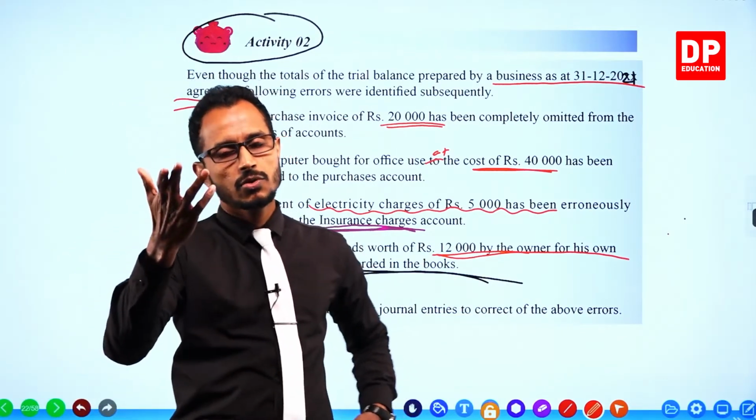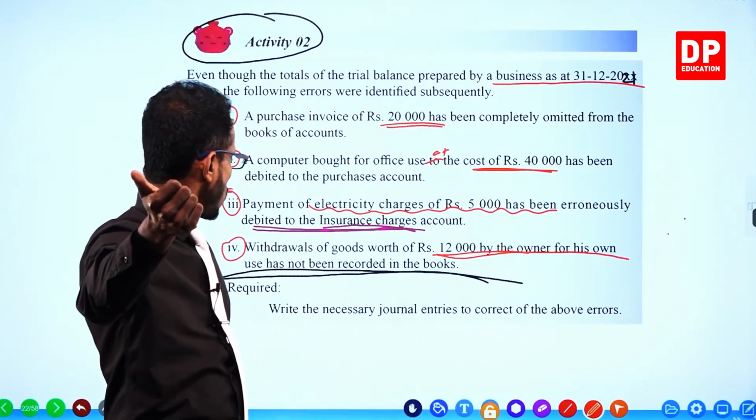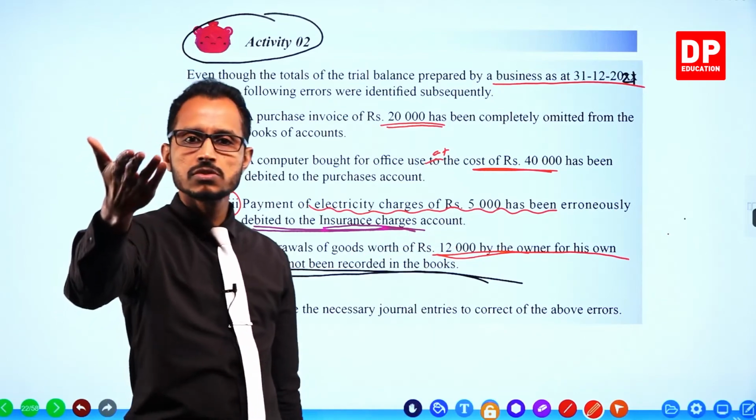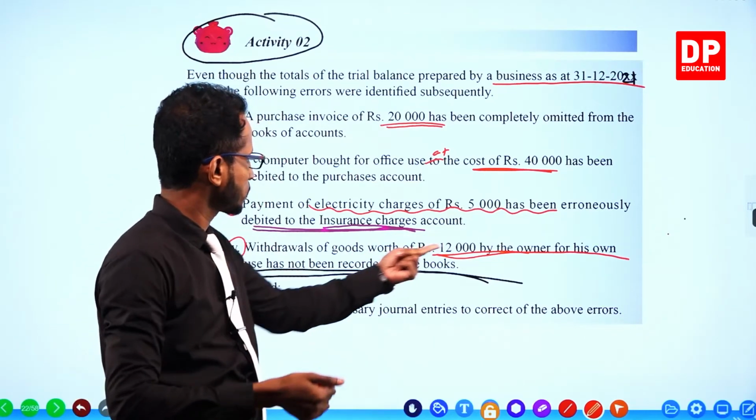So we just have to record the double entry. Tell me the double entry for goods drawings. You tell me how to record this goods drawing.